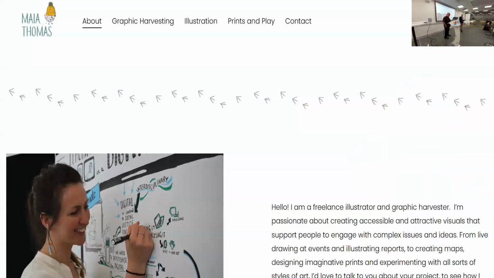So, from a very new technology to a very old technology, we have our graphic harvester, Maya Thomas, who has done work with us before, and she's logging in, so hi to Maya. What she's going to do is try to capture in a visual form, and as you can see, she draws by hand. There's no technology here, except a black marker.